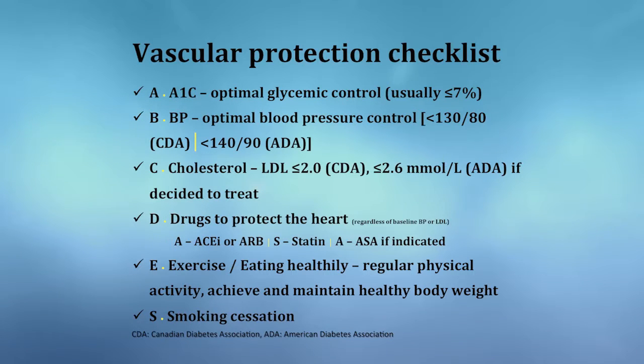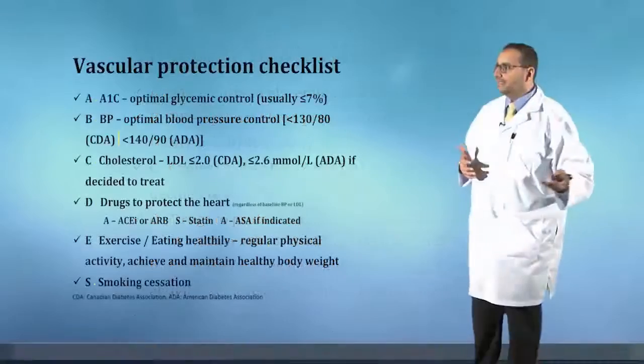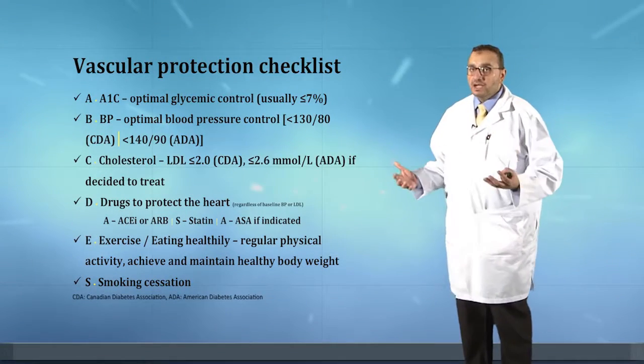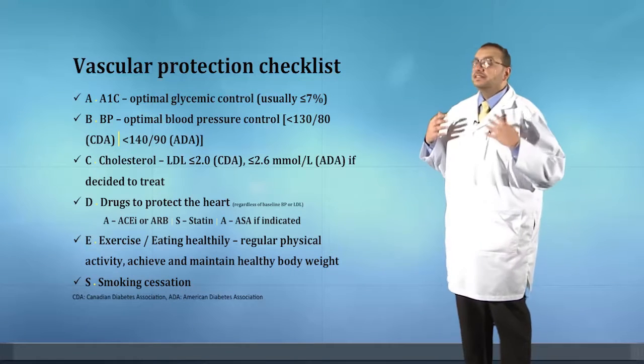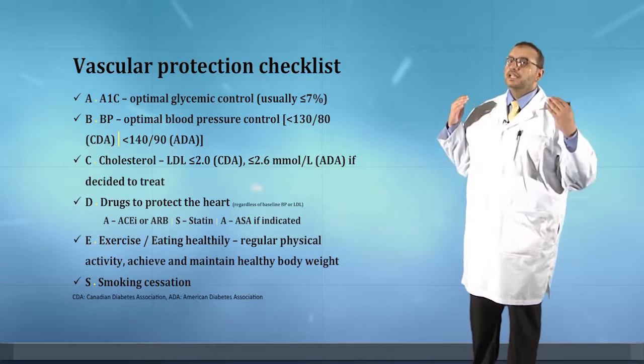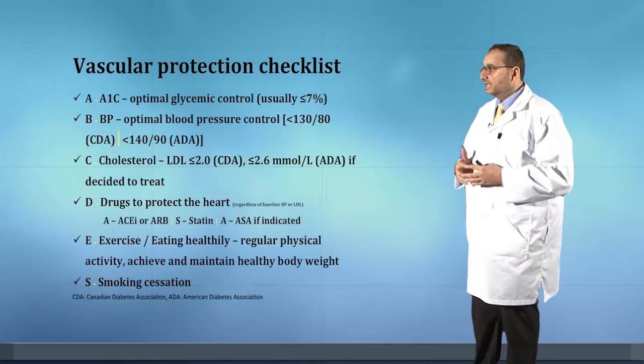Number 3, cholesterol: you keep LDL below 2, and if indicated, you move on to the target further. Drug protection: you have to always think, does your patient need a statin? Does he need an ARB or ACE inhibitor if he has macroalbuminuria? Is aspirin indicated? This is your checklist in every visit.